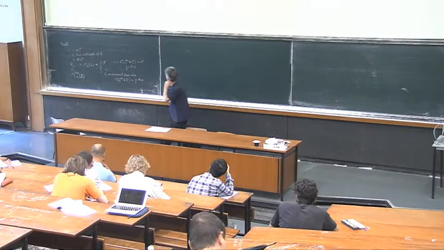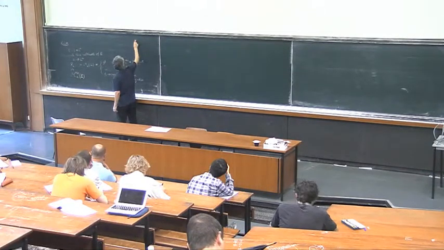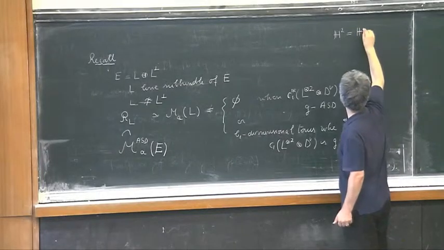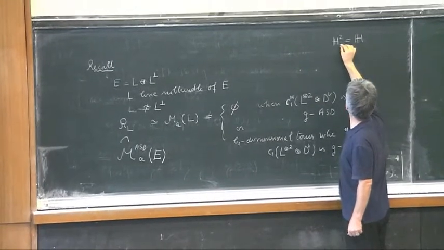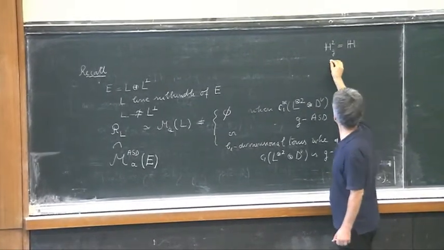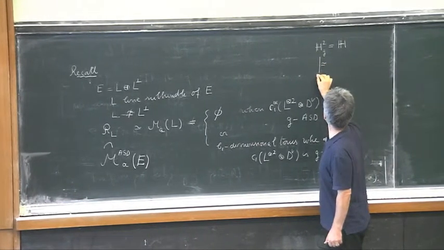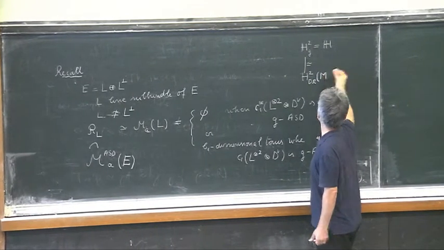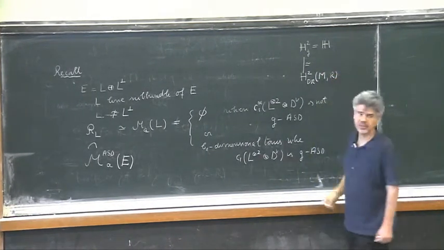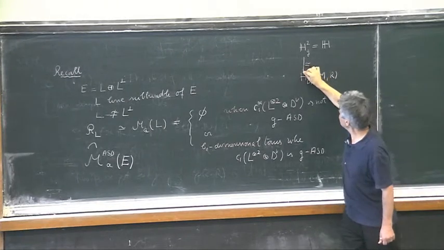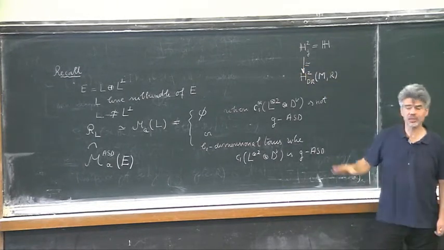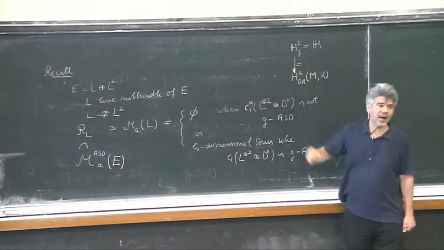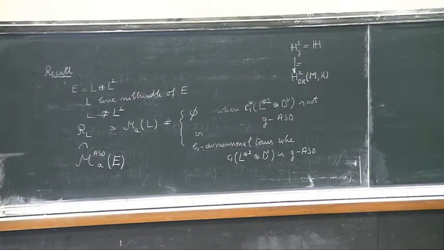Okay, so the point is, again, maybe I should point out this important splitting. We have a harmonic space here, H, which depends on g, of course, but is identified with the de Rham cohomology group, which is a topological invariant. This object here is independent of the metric. This one, as a set, of course, does depend on the metric.